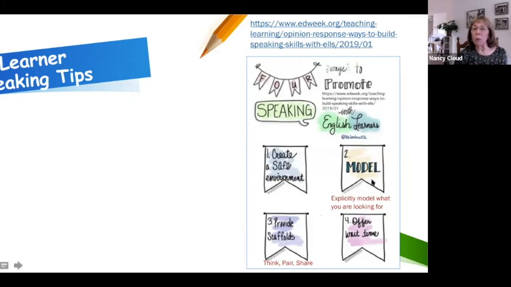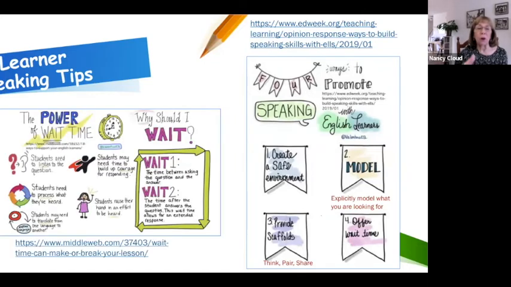I also want to model for kids what I'm looking for. That creates safety. They know what I'm looking for. I want to give them a scaffold like a frame or a stem or a think, pair, share where they get ready to have something to say. And I want to offer wait time. And then she goes on with a second graphic to explain why wait time is so powerful. And she says there's two wait times.